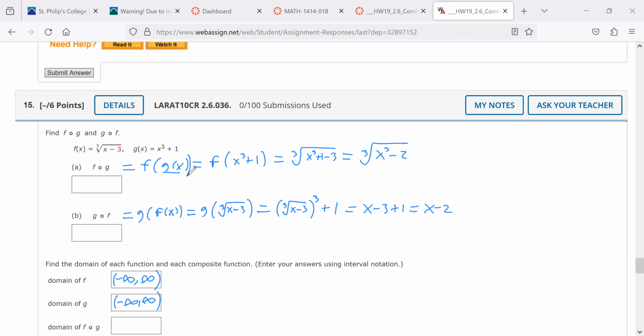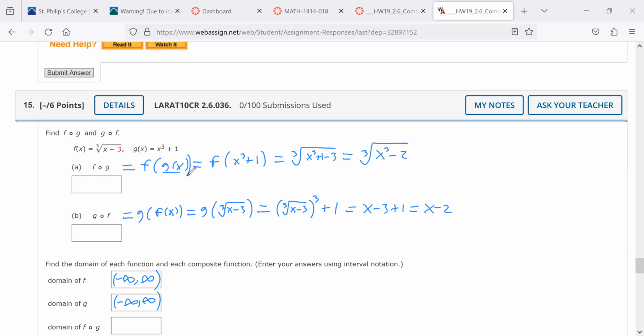So the one that went in, did it have any restrictions? Looks like no, right? It was x cubed plus 1. If the one that went in has any restriction, it will create restrictions on the composite. But if it didn't have any issues to begin with, then don't worry about it.